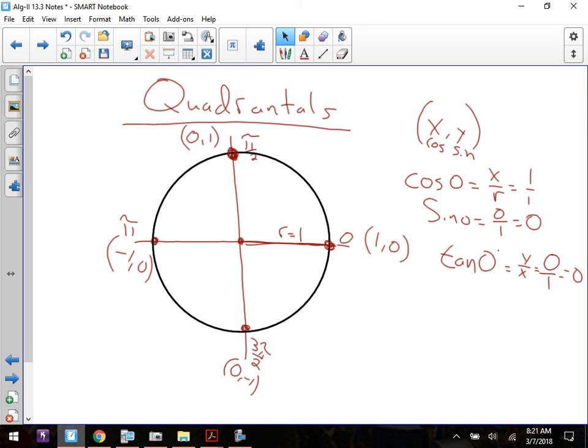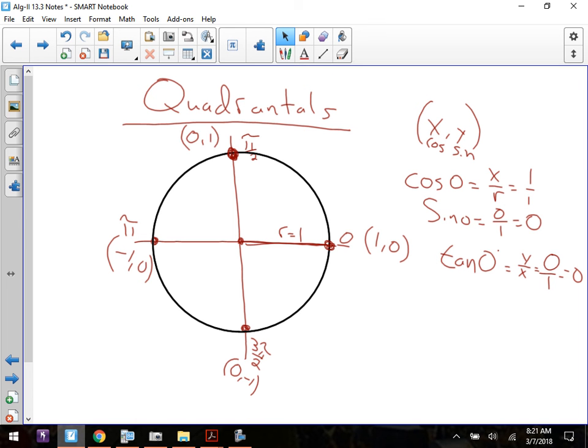What's happening here is you start something at 0, you end something at 2 pi. Instead of going full circle, we're cutting the circle and stretching it out.